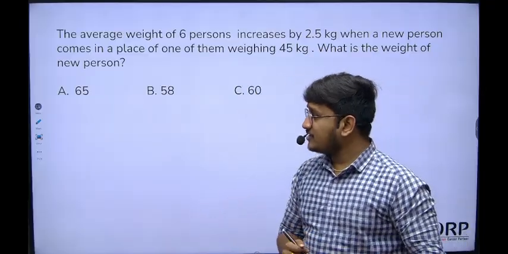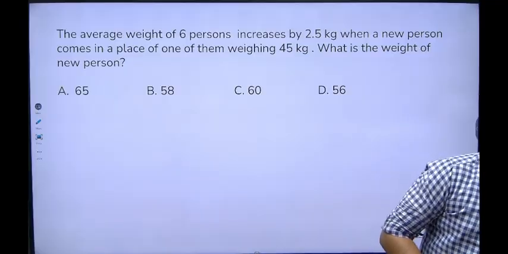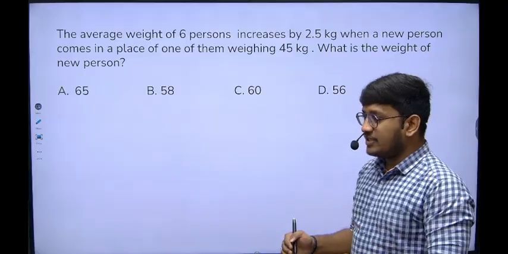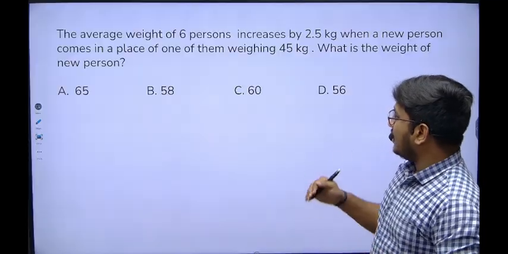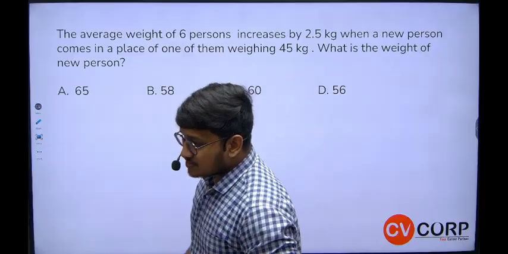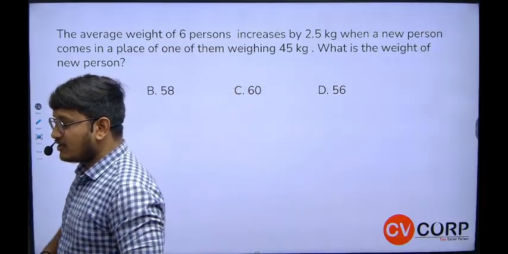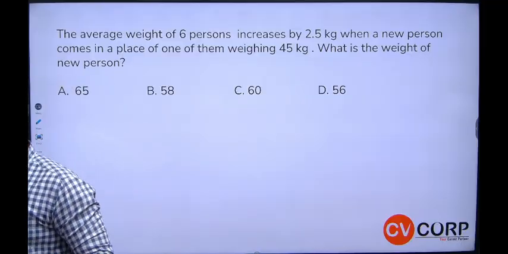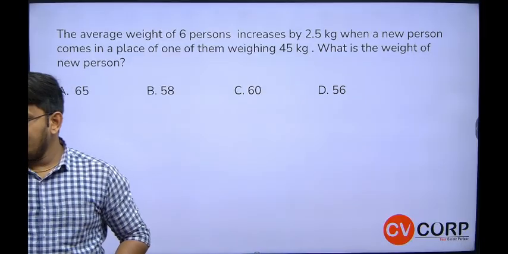Here the question is given as: the average weight of 6 persons increases by 2.5 kg when a new person comes in place of one of them weighing 45 kgs. What is the weight of the new person?